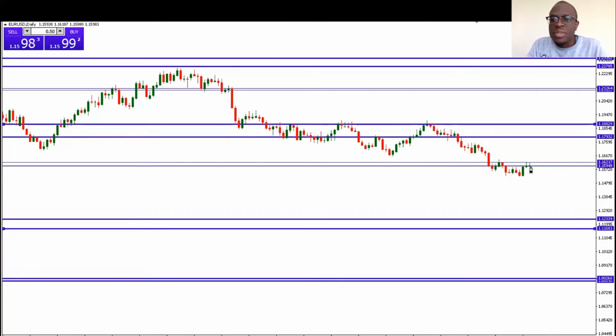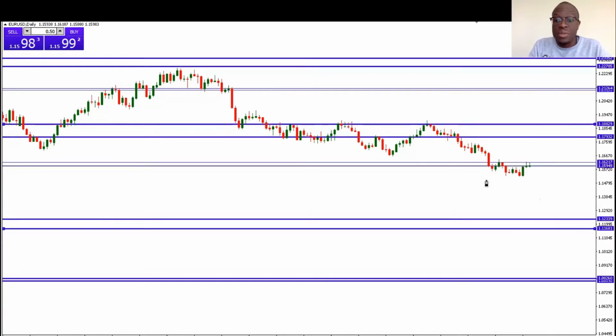So what we'll be expecting is that the price is going to make maybe another push to the upside within this order block, then make a push to the downside, close below this low, making a new low, pull back to form a new high, and then move to the downside to come and mitigate this order block. So this is the first scenario that we are expecting because we have this order block here.